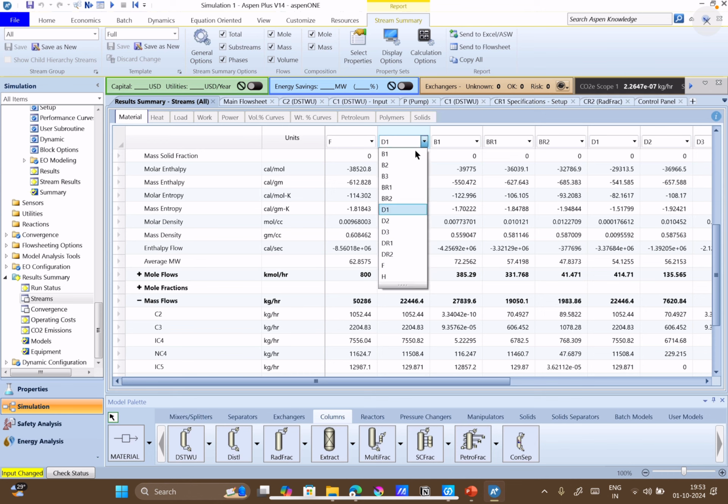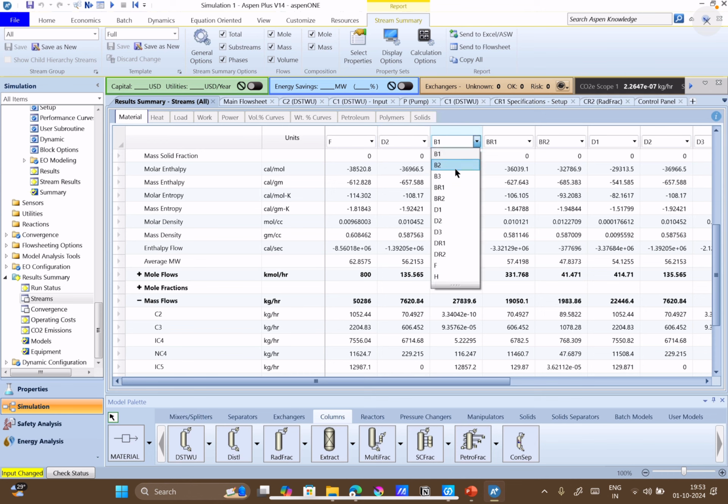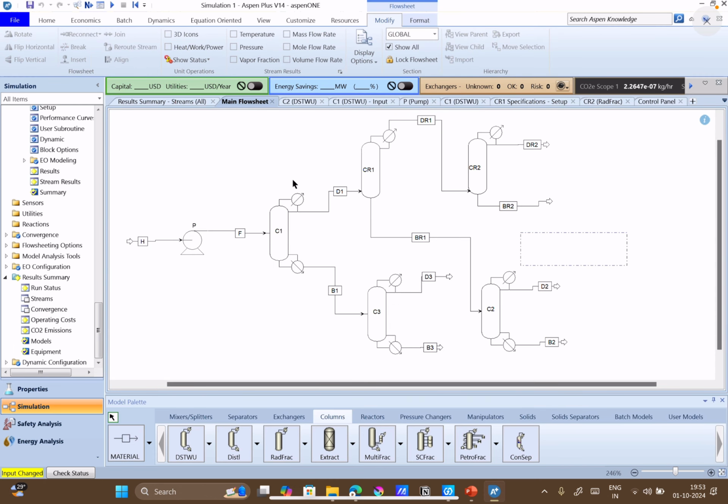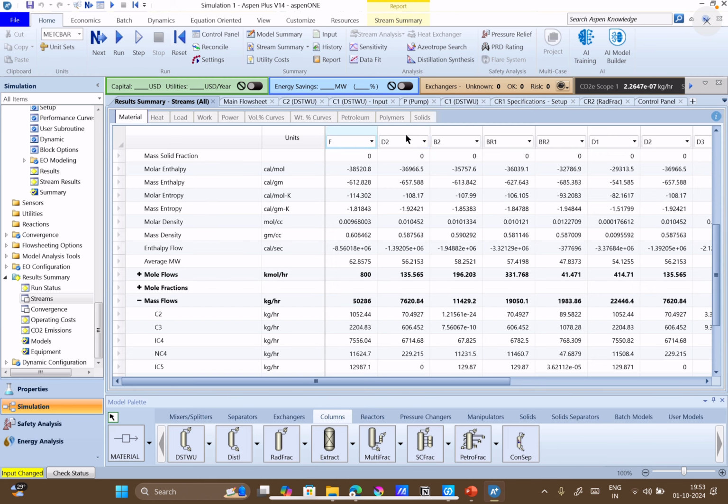Then from there it went to the C2 column, where you have D2 and B2. So the C1 column is this. From the top, the distillate went to CR1. Let's look at CR1. CR1 has DR1 and BR1.